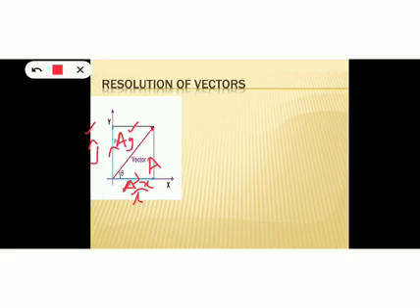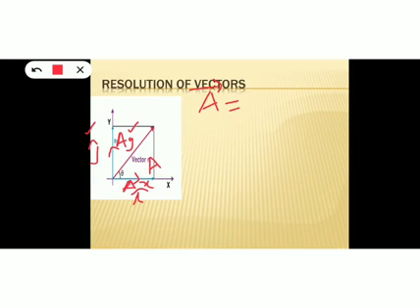So how can you represent vector A in terms of its unit vectors?